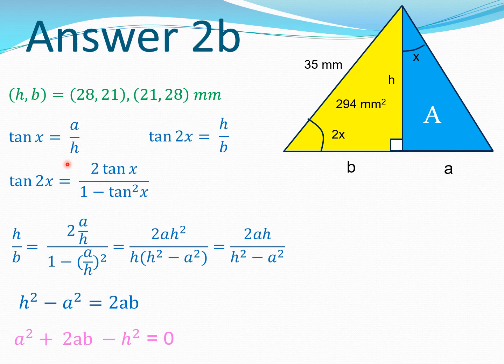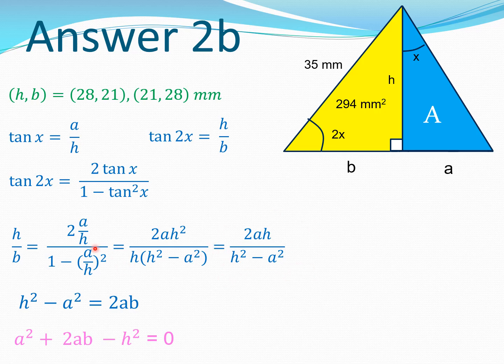I can immediately substitute the values of tan x and tan 2x into this equation, and simplify further. Essentially, I take this h squared term up here, one h term goes down here, so I get this equation. There is some cancellation of the h's, so I get 2ah by h squared minus a squared.